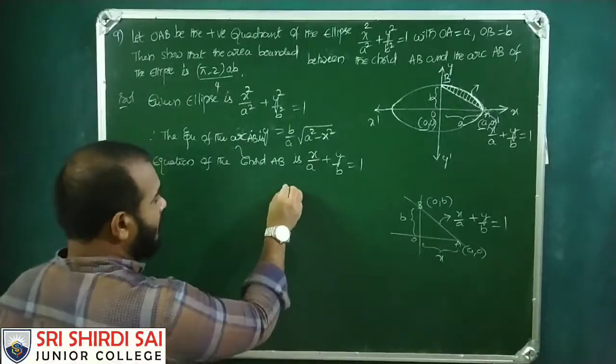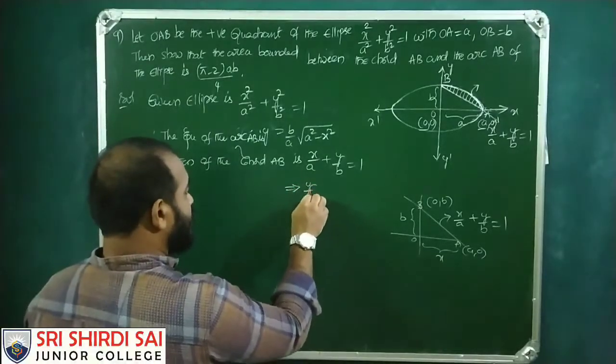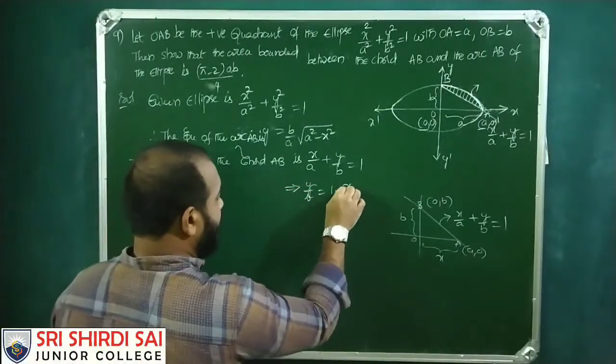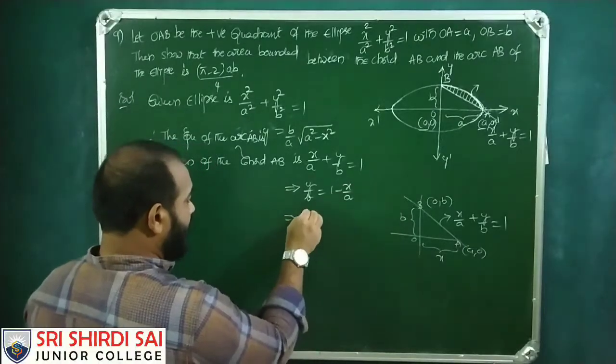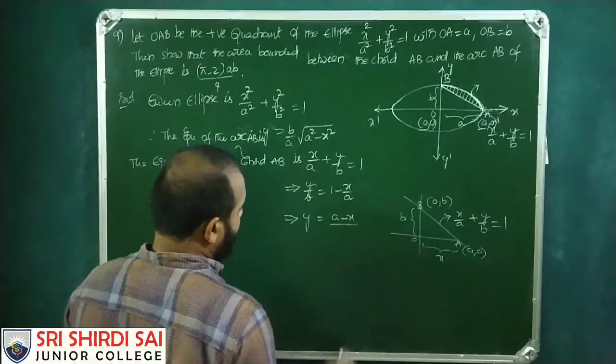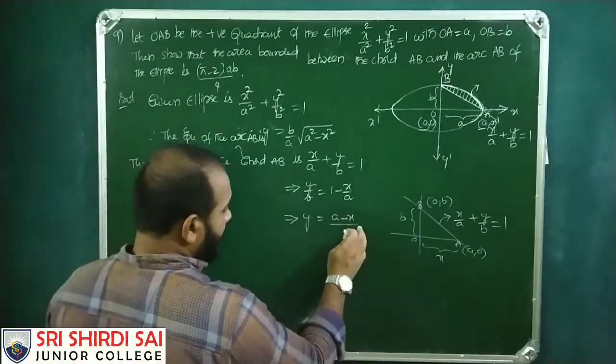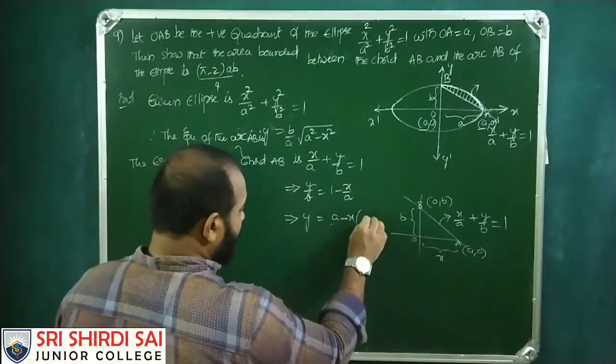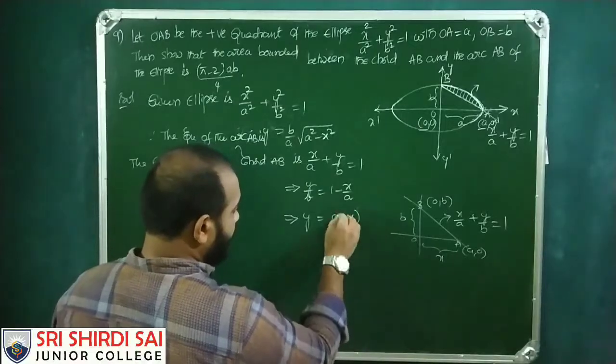From this, y by b equals to 1 minus x by a. So y is equal to (a minus x) into b by a.